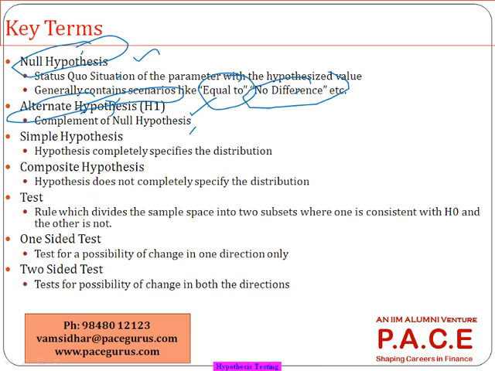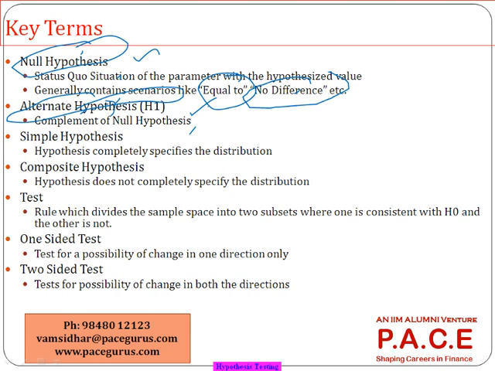Irrespective of the claim made by a person, even if the claim is the height of an Indian male is more than 165, when I create a null hypothesis, I will always try to bring in the equality with the hypothesized value. And especially when I am dealing with two different populations, again the meaning is the parameter is equal in both the populations.